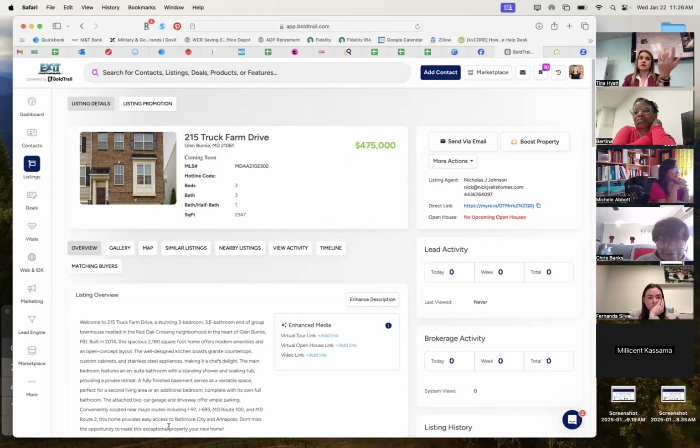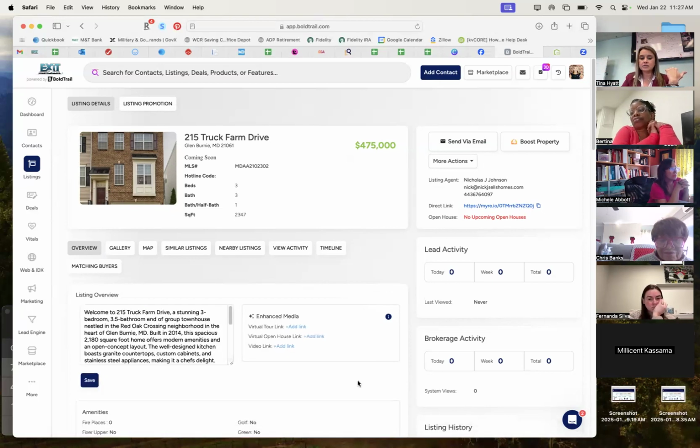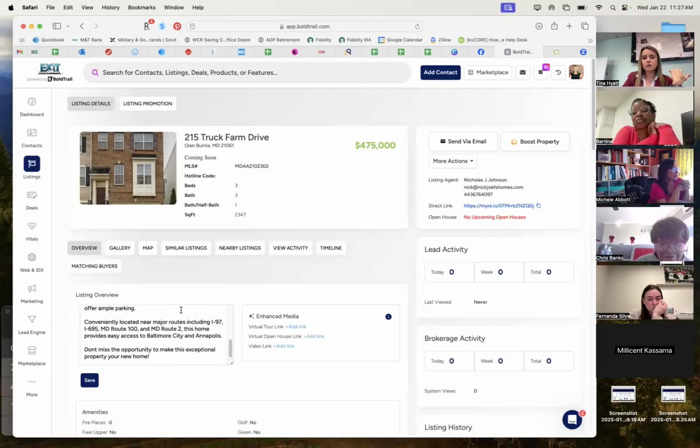So for those agents that are getting in your listing agreements, buyer agent compensation agreed to, right? If you're doing 6% listing comp and they're sharing 2.5% of it with a buyer agent and you want that advertised out there, you can advertise it on your website, right? So I could do enhanced description and now I can go in here and I can edit my listing description.